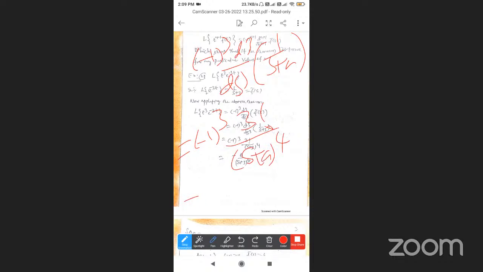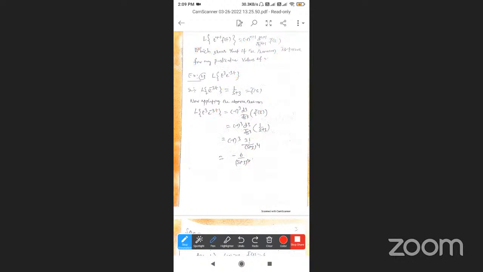Since 3 factorial is 6, the answer is minus 6 by s plus 3 whole power of 4.